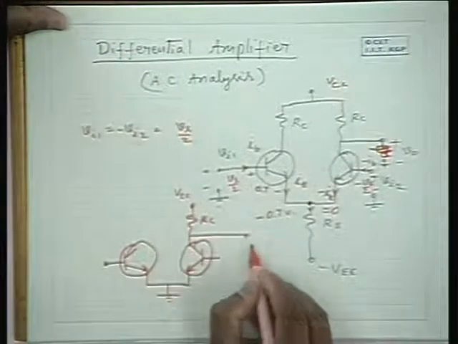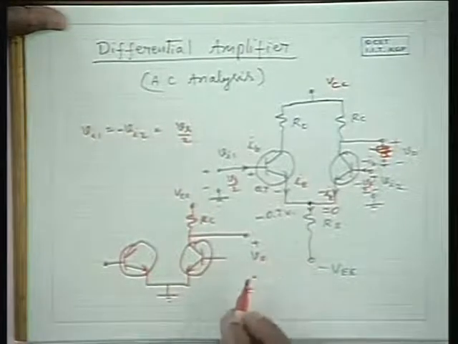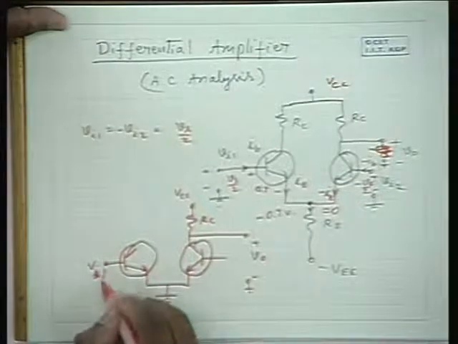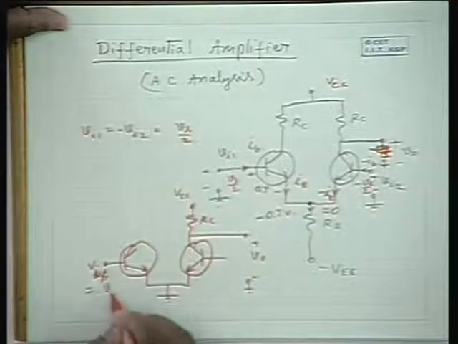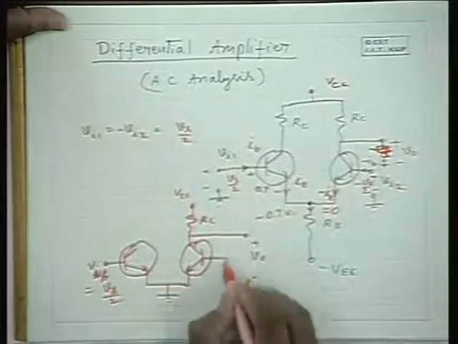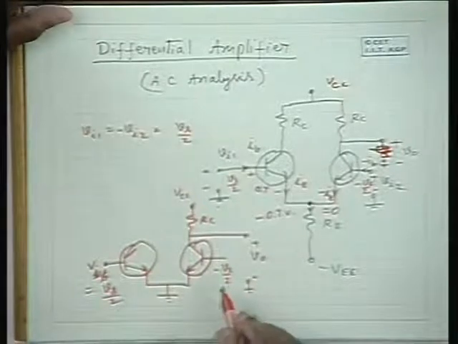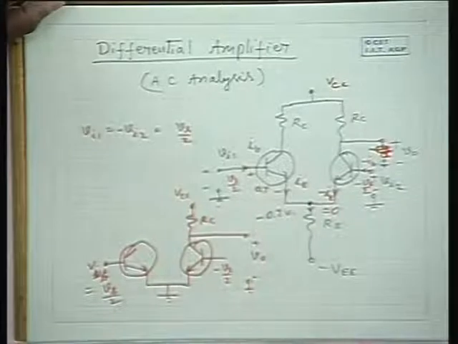And this is the output voltage V naught, and here you have Vi1 equal to Vs by 2, and here it is minus Vs by 2. Now, let us analyze the circuit and see how much the differential gain is.